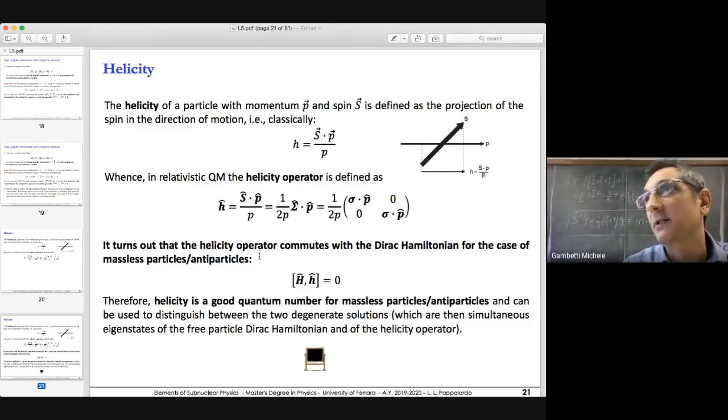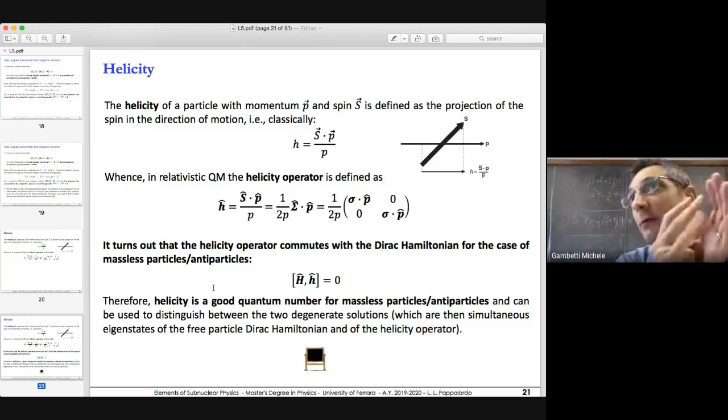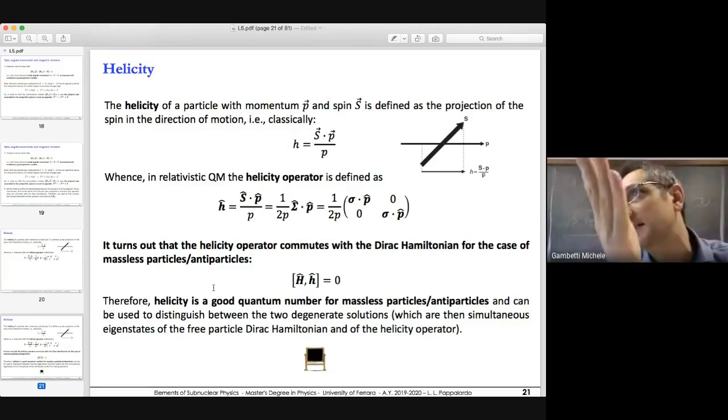Or you are in such a condition that you can neglect their mass. Then it is true that the helicity commutes with the Dirac Hamiltonian. And therefore, helicity is a good quantum number for massless particles and antiparticles, and can be used to distinguish between the two degenerate solutions, which are then simultaneous eigenstates of the Dirac Hamiltonian and of the helicity operator.